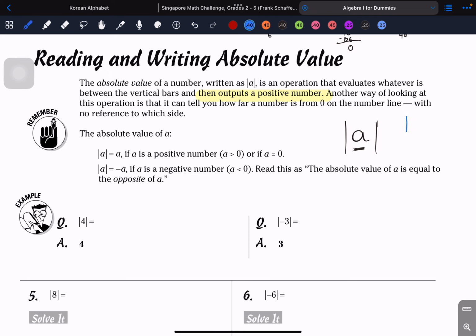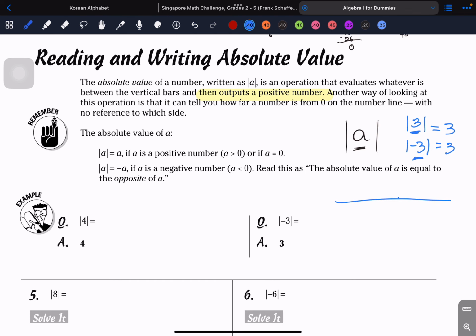Kapag kinuha mo ang absolute value ng 3 at ang absolute value ng negative 3, parehas lang equal sa 3. Kasi absolute value, sinasabi lang niya kung gaano kalayo itong numero mo sa 0. O, i-try natin i-graph. Ito 0, ito 1, ito 2, 3, negative 1, negative 2, negative 3.